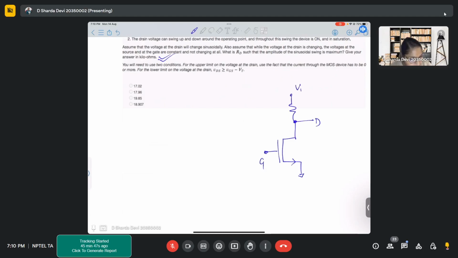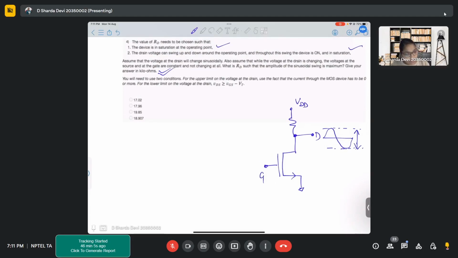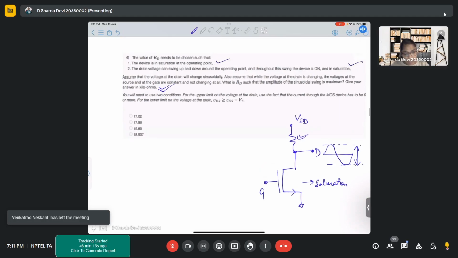This is your VDD. And if you have, let's say, ground, a basic circuit. So you have to find this maximum swing which you can attain here, and the minimum. So maximum swing means this span, which is maximum and minimum, so that your transistor is always in saturation. And keeping this in mind, you have to find this RD.